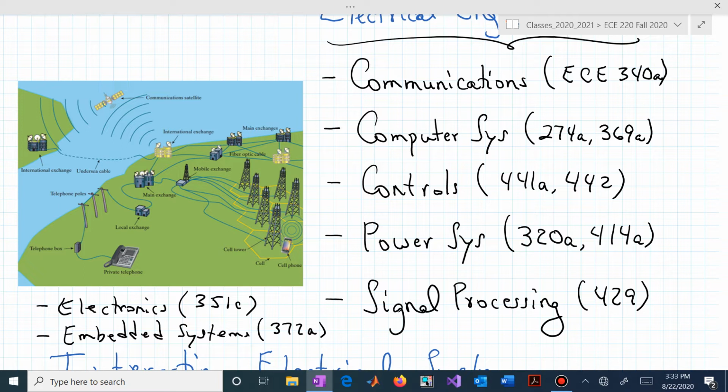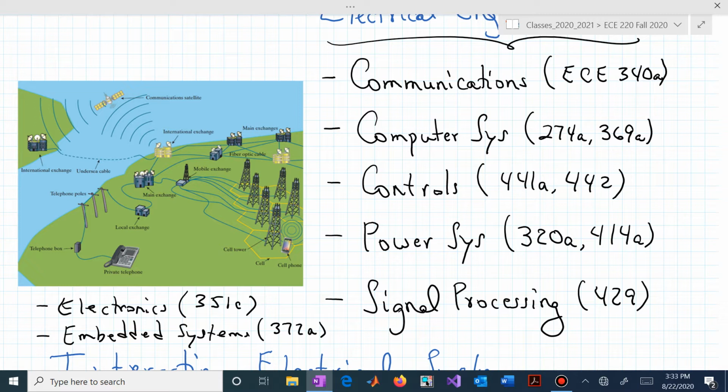Signal processing. How do you manipulate signals to allow you to exchange or convey information effectively? Signal processing could involve audio signals, it could involve images, etc. Electronics, how do you build the next neat device that involves transistors, diodes, etc. We will deal with some diodes in our labs in ECE 220.